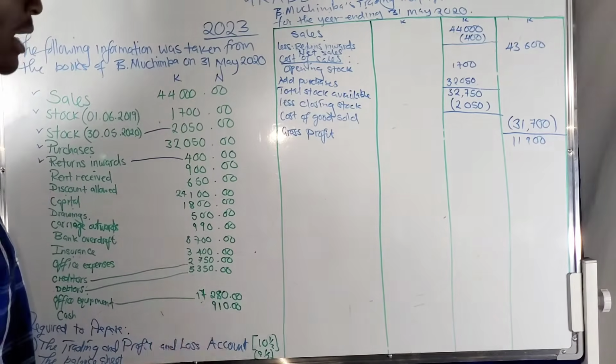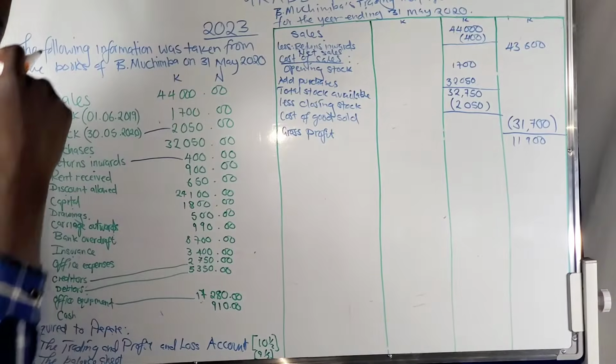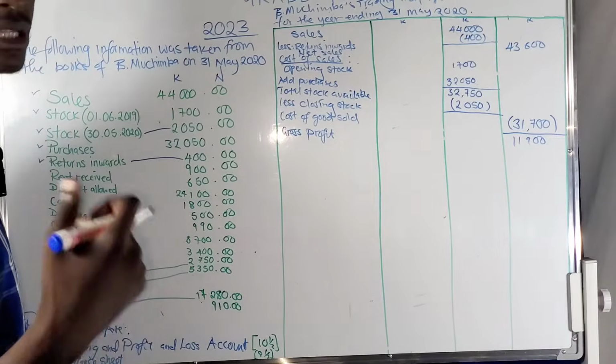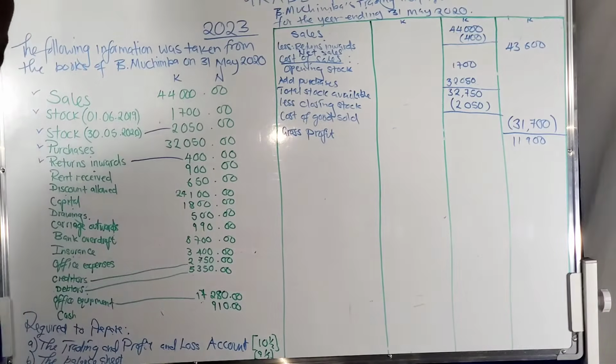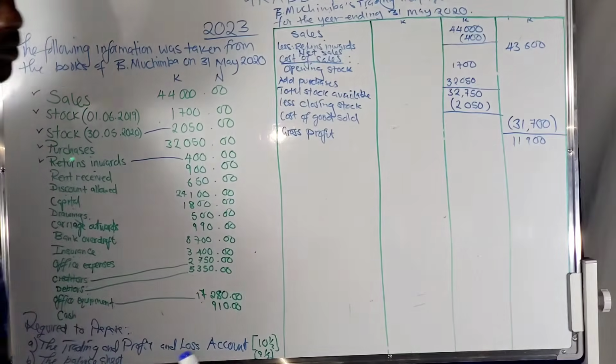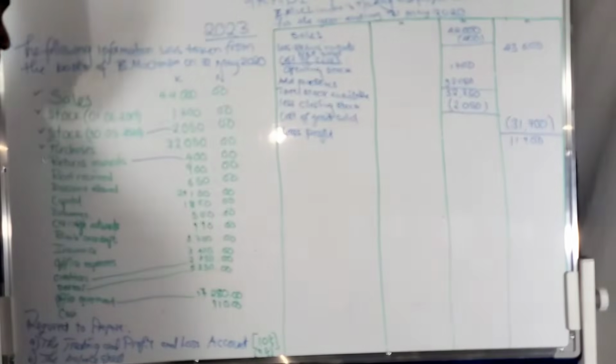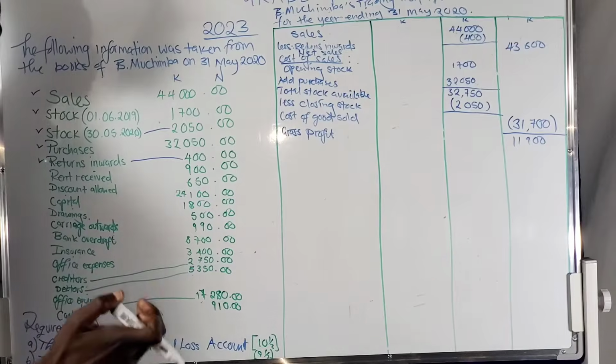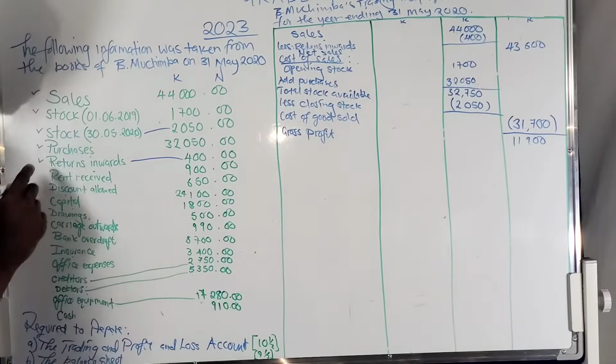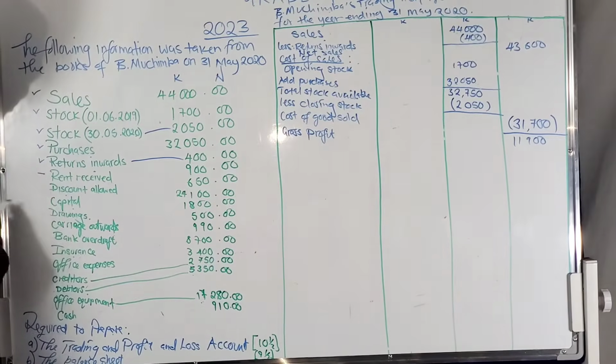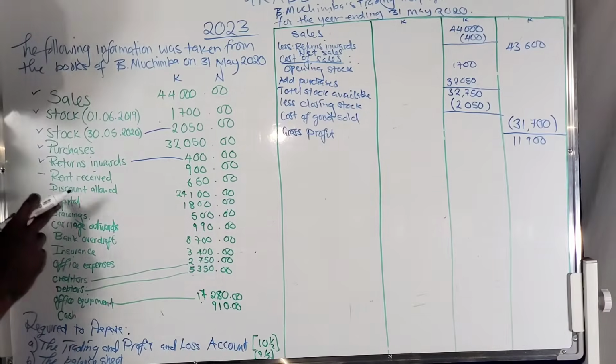Now, the profit and loss account starts with the income account, which is the profit account or gains. Before we write income or gains, we check if at all we have income. Yes, we have one. Discount received, rent received.